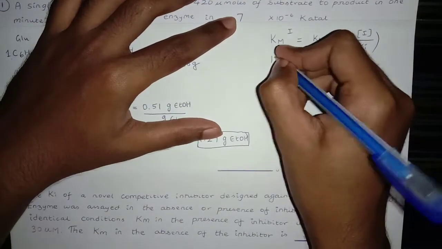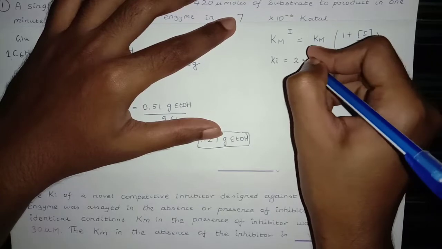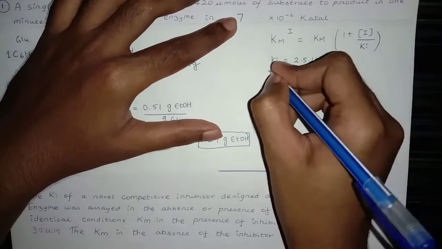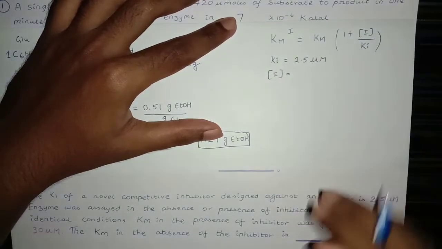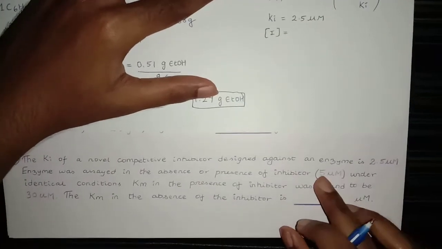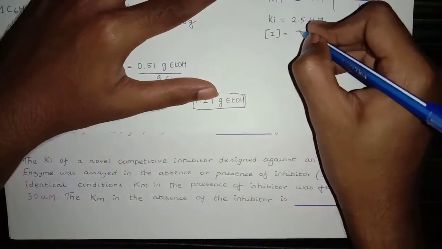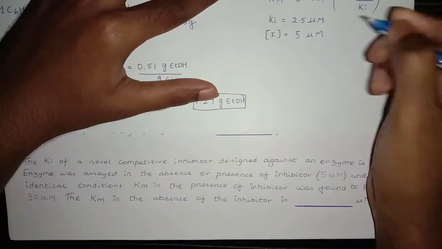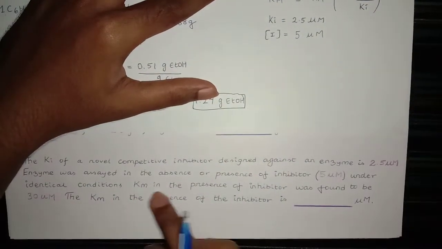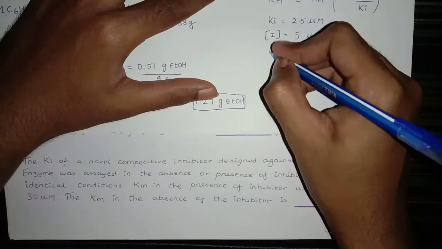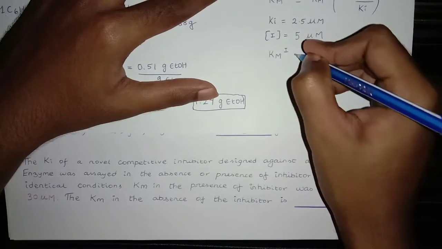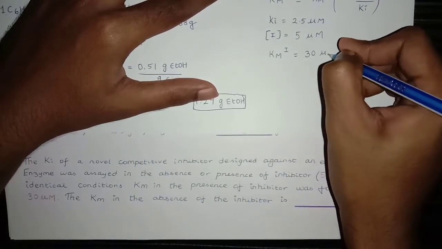Let's write down Ki equal to 2.5 micromolar and the concentration of inhibitor is 5 micromolar. And Km in the presence of inhibitor is equal to 30 micromolar.